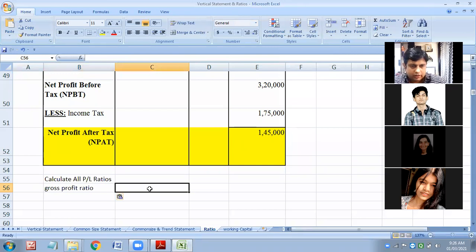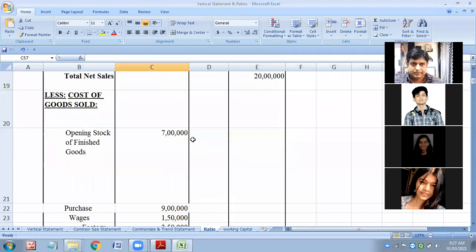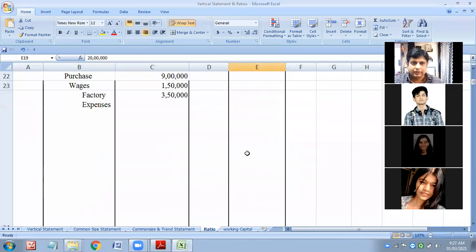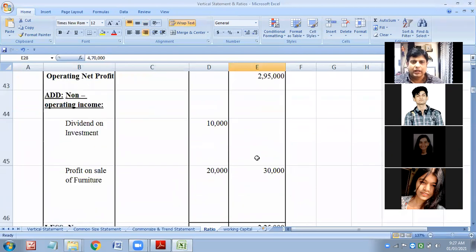The formula will be gross profit upon net sales into 100. Am I right? So what is the gross profit over here? Net sales is 20 lakhs. Gross profit is 4,70,000.